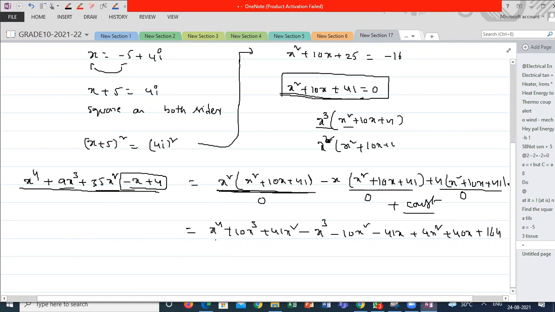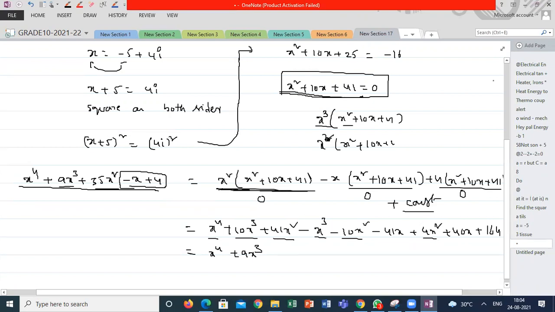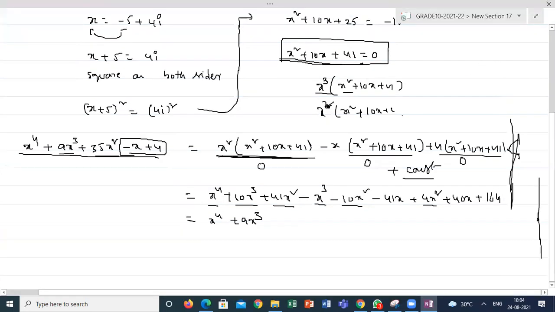So taking x power 4, x cube minus x cube is 9x cube. 41x square minus 10x square plus 4x square: 41 plus 4 is 45, 45 minus 10 is plus 35x square.